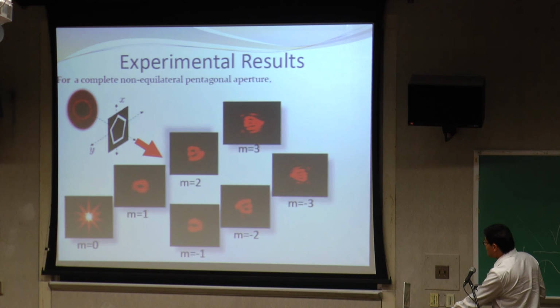In a similar way for the non-equilateral pattern, you obtain these results. And if you use the negative topological charge, the intensity pattern rotates.